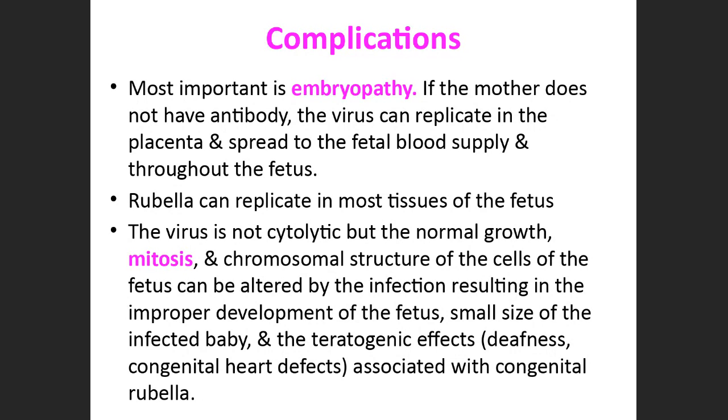Rubella can replicate in most of the tissues of the fetus, and it is not cytolytic, but it will alter many normal things. It will alter the chromosomal structure of the cells, and then it disrupts proper development of the fetus. It might be a small baby, infected definitely, and with teratogenic effects.